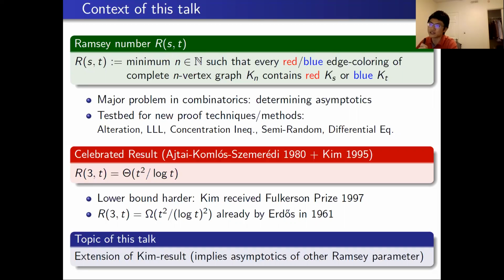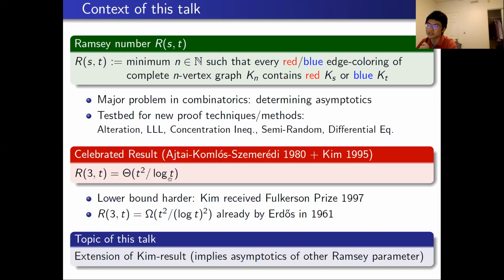Understanding the behavior of Ramsey numbers is a major problem in combinatorics, and it is well known to be hard to determine the asymptotics of such Ramsey numbers. A celebrated result in Ramsey theory is that the Ramsey number R(3,t) is of order t squared over log t.